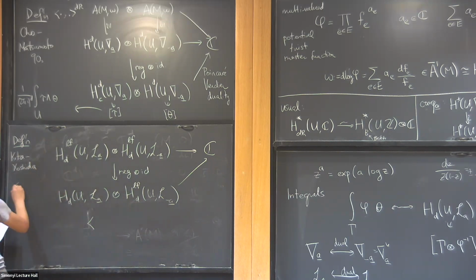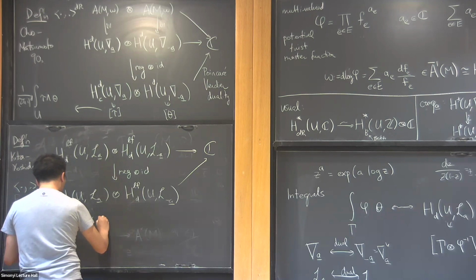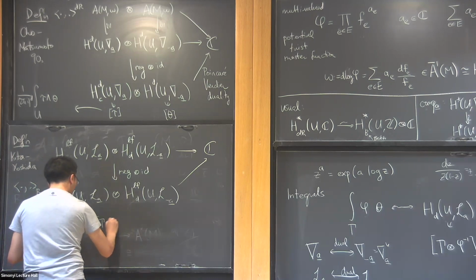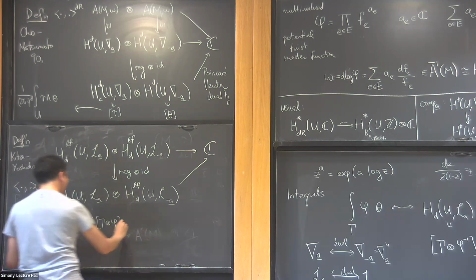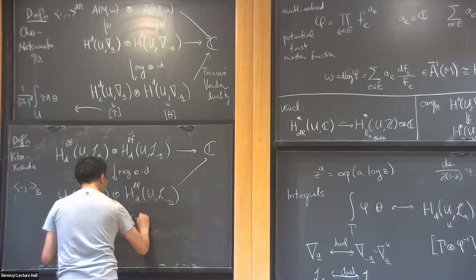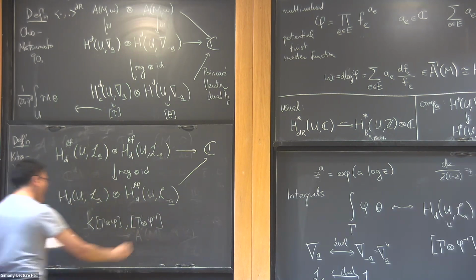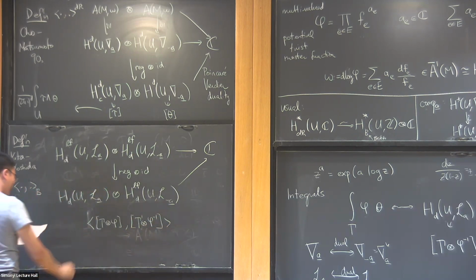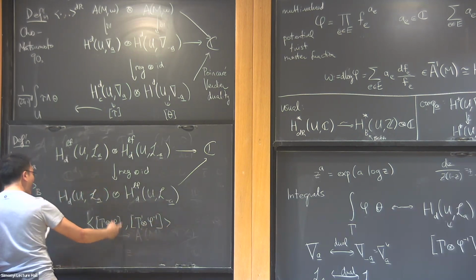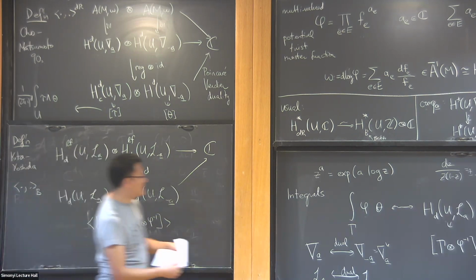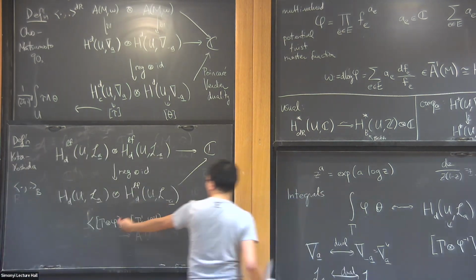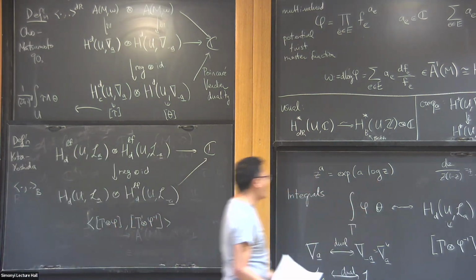So this thing I denote, I'll put a B here for Betti. I'm going to try to pair a class that looks like this with a class that looks like this. And where this is some choice of branch. So every time I write something like this, you have to make a choice for which log you took.